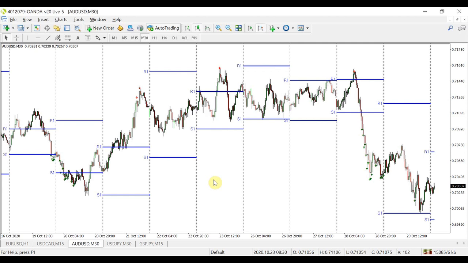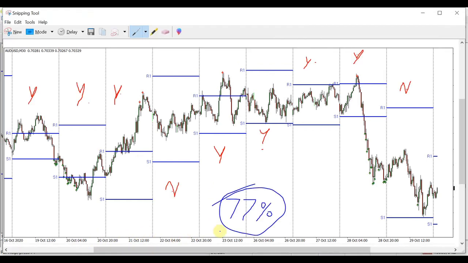So what I've done very quickly is I've taken a screenshot of my screen now, and please excuse my lack of writing abilities on my laptop here. And all I've done is had a look at whether or not the R1 or S1 levels have been hit for the particular day. So the ones that I know, if you look at that one, we were quite close there. It literally just missed it there. So in theory, that should really, in my view, be a yes, which I'll go into in a second.